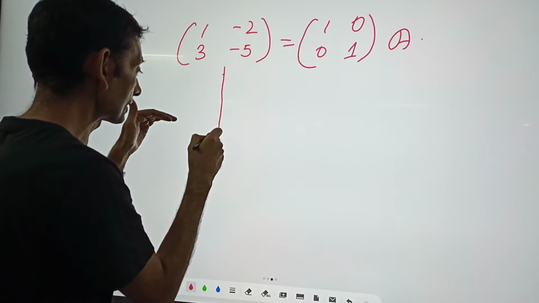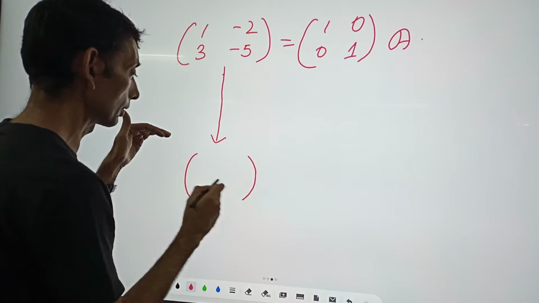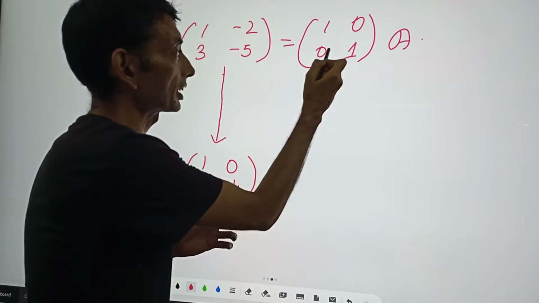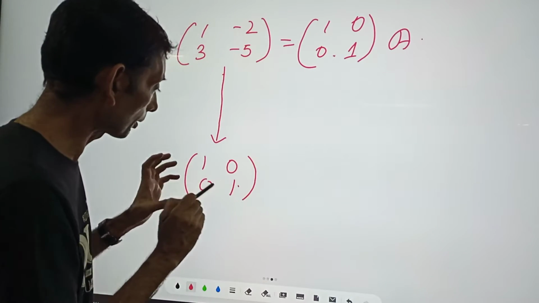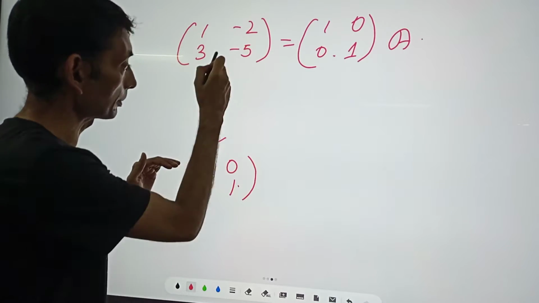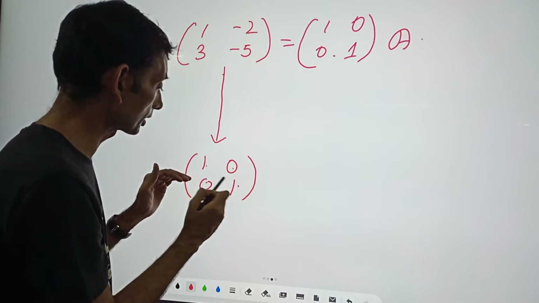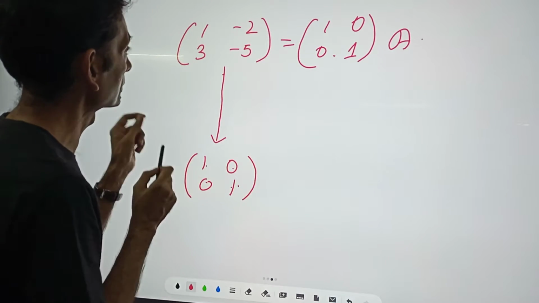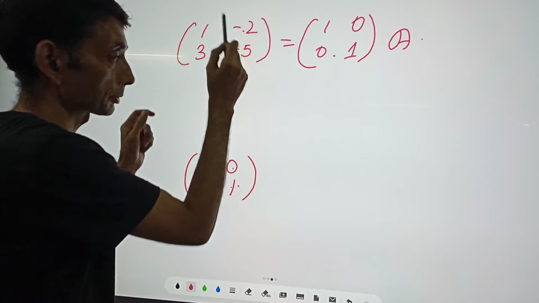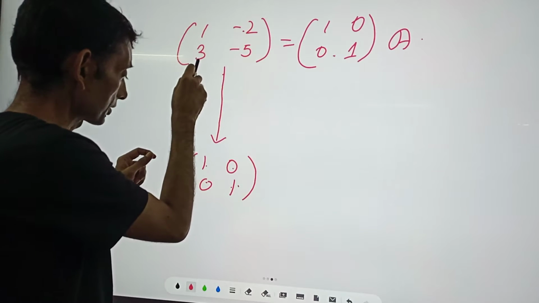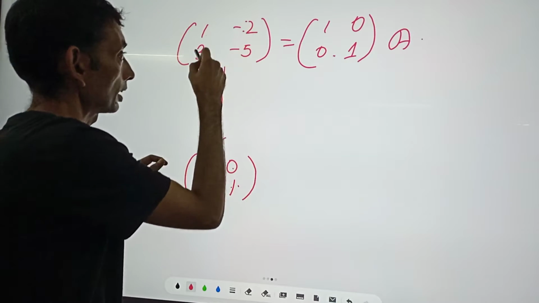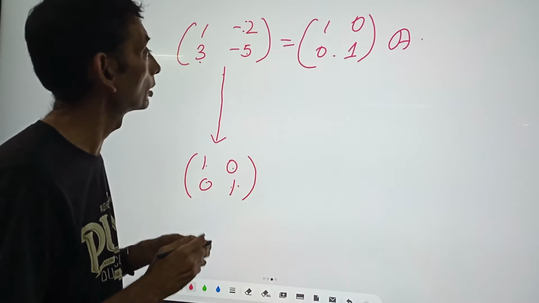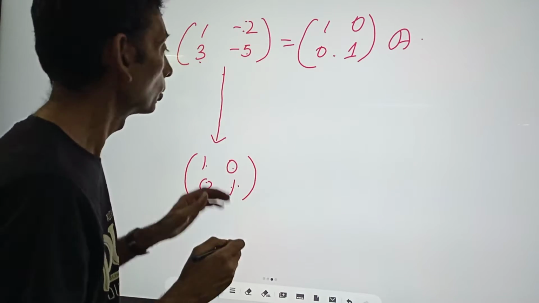That means after certain steps this matrix should be reduced to the form 1 0 0 1. There will be some changes in the right hand side matrix too, but our concern is the left matrix, which we have to convert to 1 0 0 1 form. So our main objective is to make this minus 2 and this 3, the non-diagonal elements, both 0, and this minus 5 to be converted to 1.